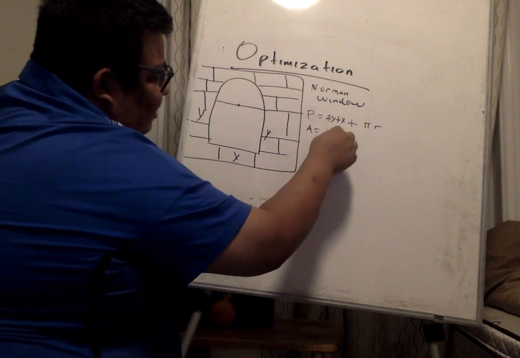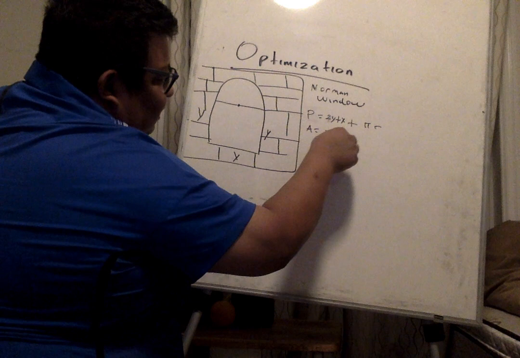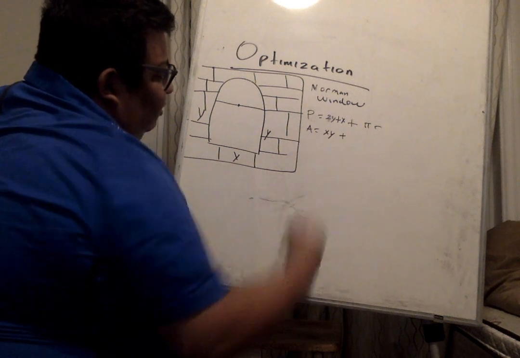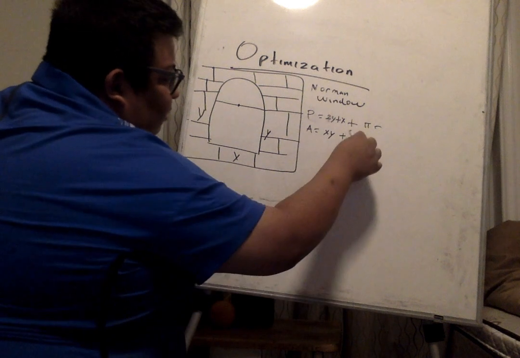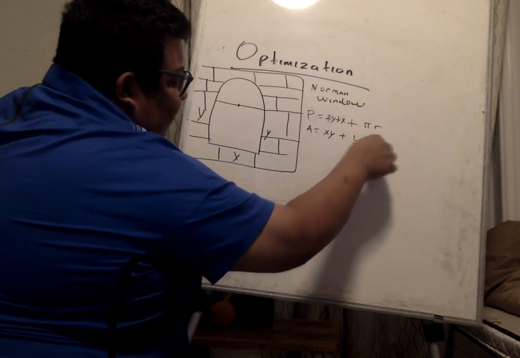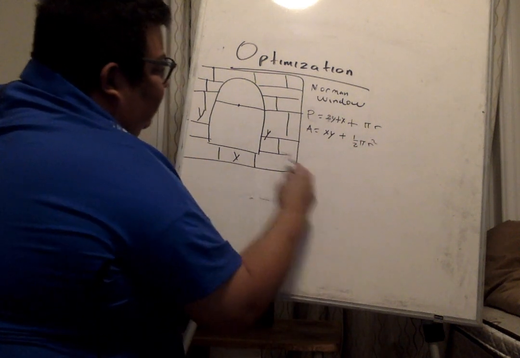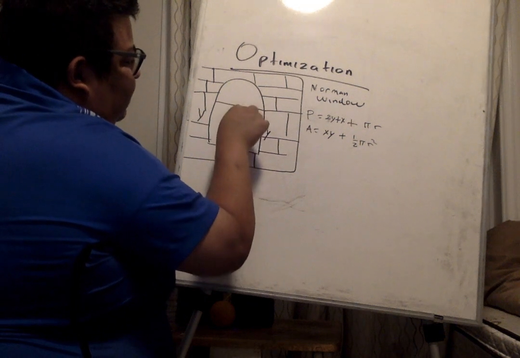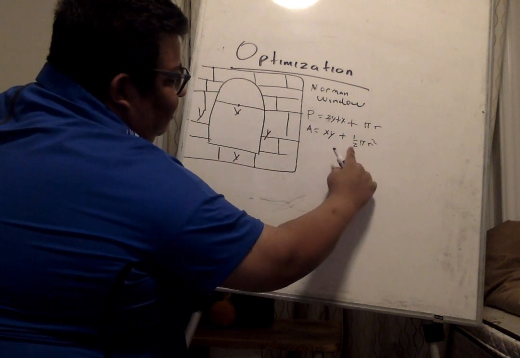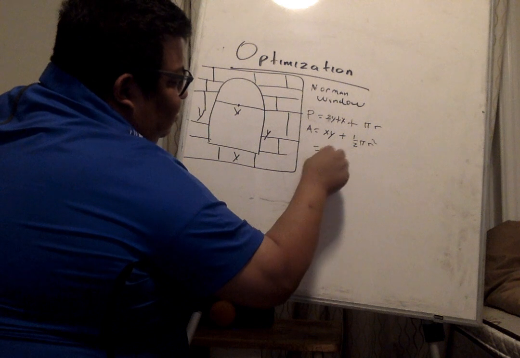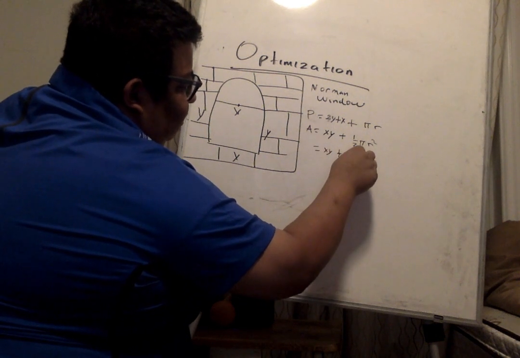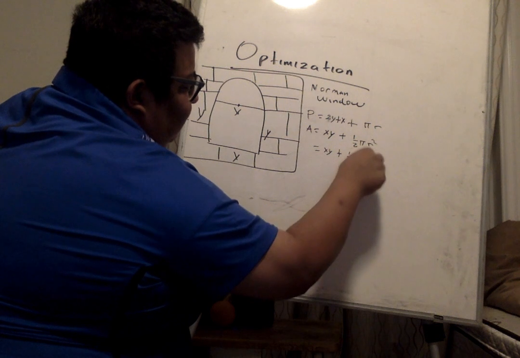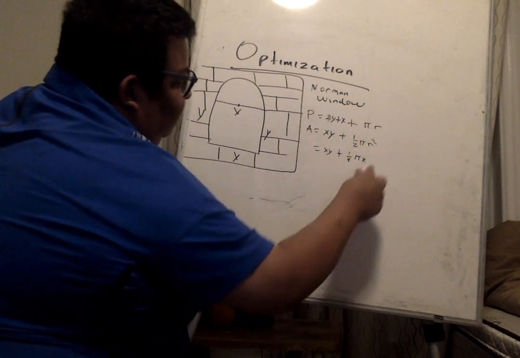The area is gonna be x times y plus half pi r squared. And what is r? Remember, here is x, so r is half of x. So this one is xy plus 1/4 pi x squared.